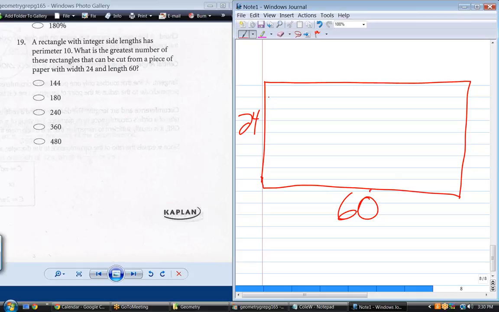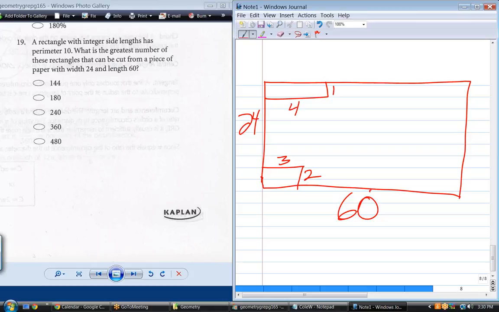Okay? So, how do I know whether I want to put a bunch of 1 by 4s in there or I want to put a bunch of 2 by 3s? And what's the best way to solve this? My instinct is with the 2 by 3.